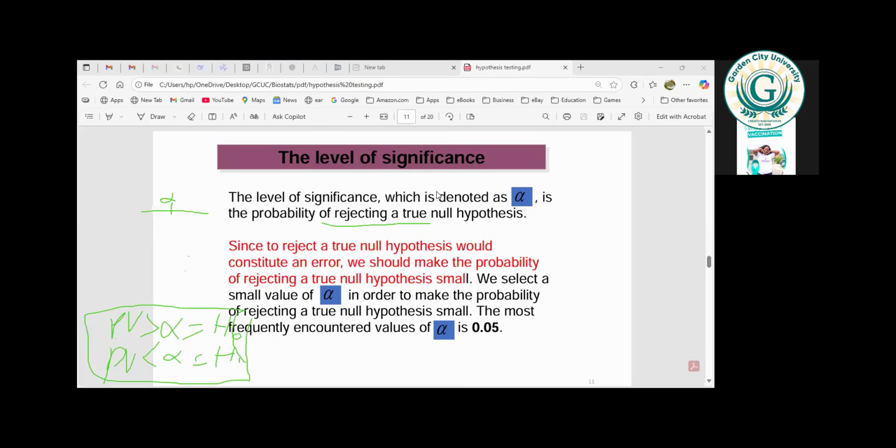But I want to relate the significance level with the p-value so that you get a concept. So whenever you reject the null hypothesis, it is statistically significant. Okay, Josephine?